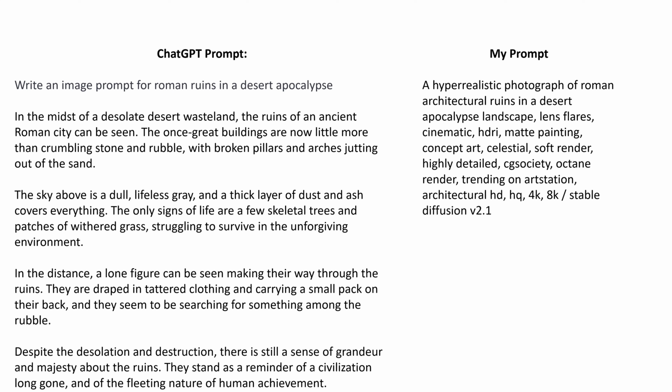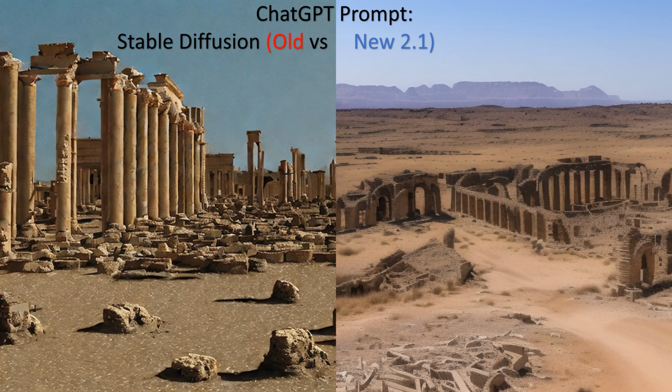And it gave me this beautiful, quite detailed, quite long set of four paragraphs that might help me to do so. So I was like, okay, this is going to be interesting. I want to try this quite long prompt on both the older version of Stable Diffusion and the newer version. Let's see if ChatGPT can design a better prompt than I could.